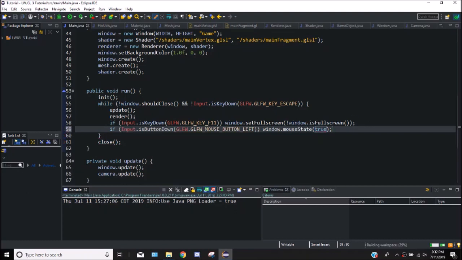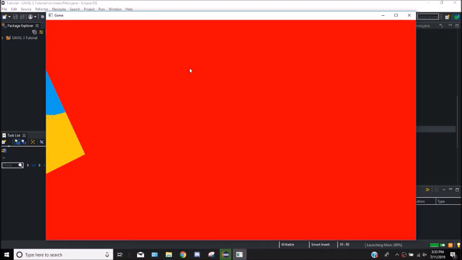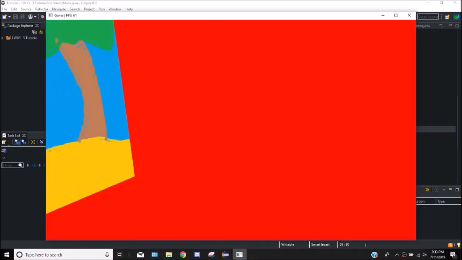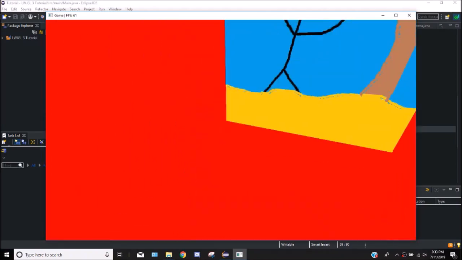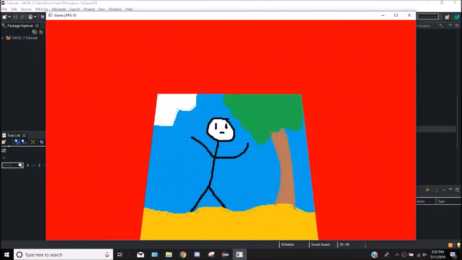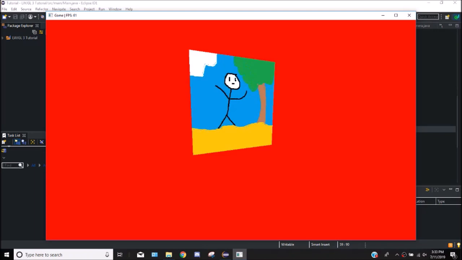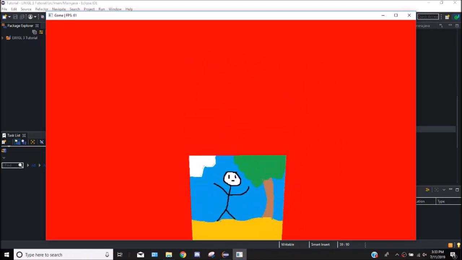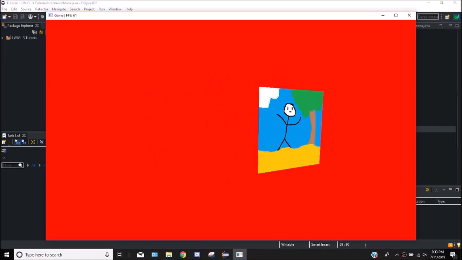What that does is it locks it to our window when we click on it, and then we can press escape to exit out of it if we're stuck in the window. So now if we click on it, as you can see, we're locked to the center, and we can move our mouse freely. And now we can move our mouse according to the rotation, and we can also move. That's pretty cool. You see me moving the camera, looking at the little square thing.